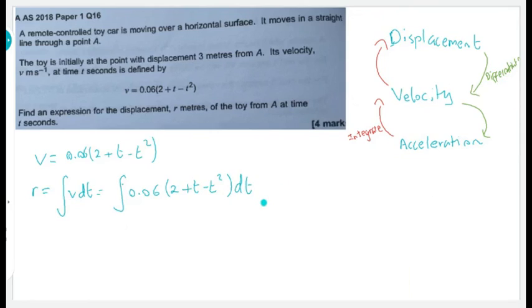But because it's all being multiplied by 0.06, we can take the constant out: 0.06 multiplied by the integral of 2 plus t minus t squared dt. Now we can integrate this.